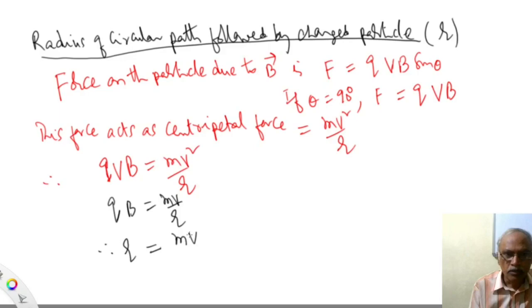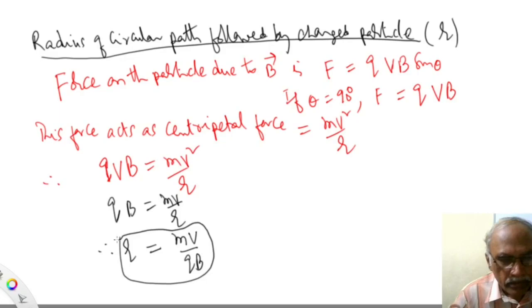R equals mv by qB. It is an important relation. In the CBSE examination they ask you to derive or obtain the expression for the radius of the circular path followed by a charged particle in a magnetic field. You also get problems on this equation. I hope you are following.